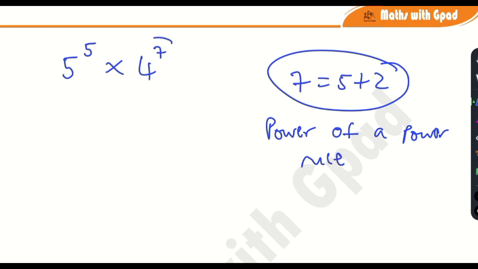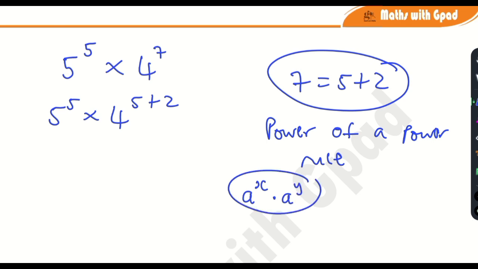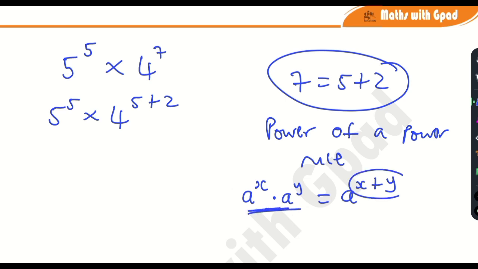So let's rewrite 4 raised to the power of 7 as 4 raised to the power of 5 plus 2. Now, using one of the laws of indices, if you have a raised to the power x times a raised to the power y, you can end up having a raised to the power x plus y. Because they have the same base, we will add the exponent.